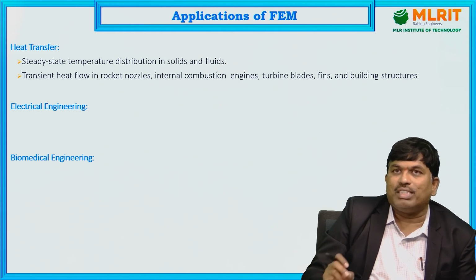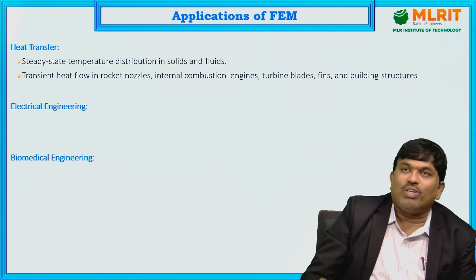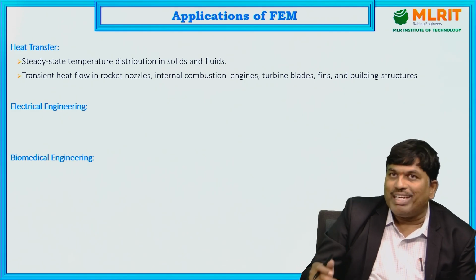I already said that steady state means the temperature is constant with time, and it is also used in transient heat flow in rocket nozzles, IC engines, turbine blades, etc.